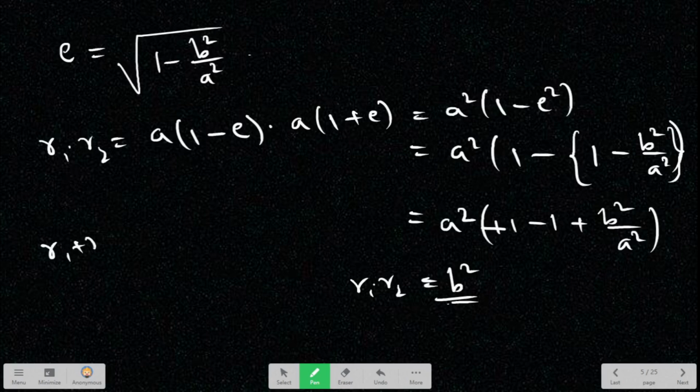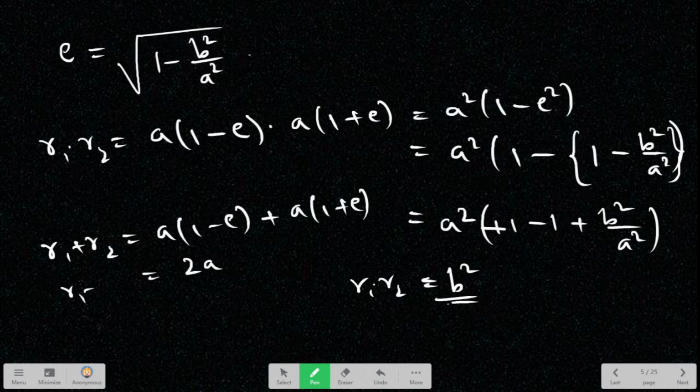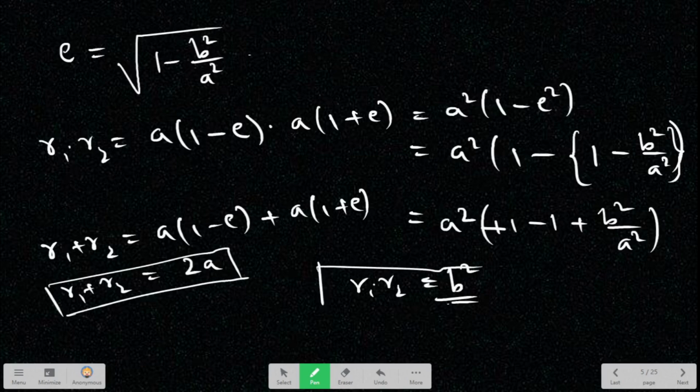R1 plus R2 is equal to A into 1 minus E plus A into 1 plus E. So this is equal to 2A. So R1 plus R2 is equal to 2A, and R1 into R2 is equal to B square, or R1 into R2 is equal to A square into 1 minus E square.